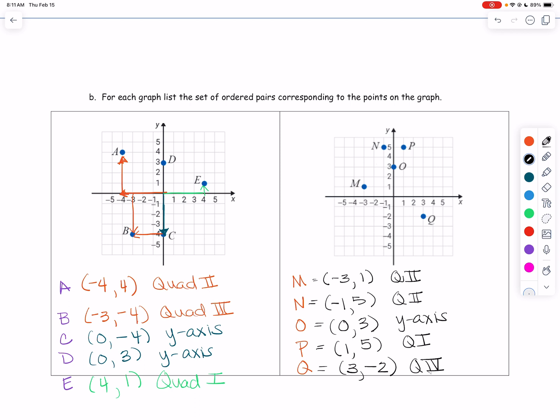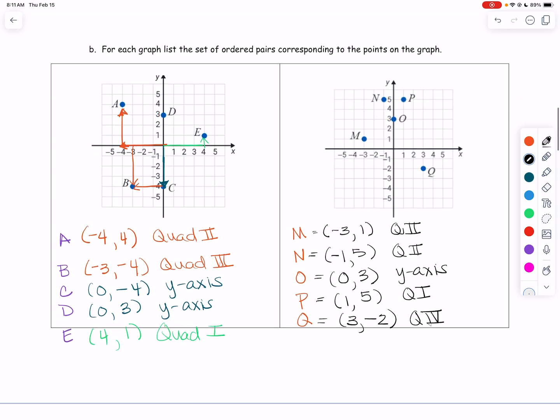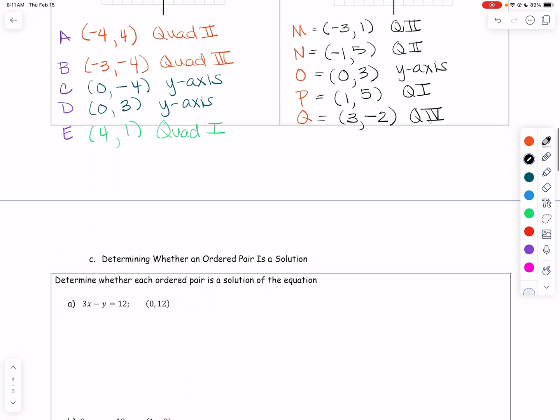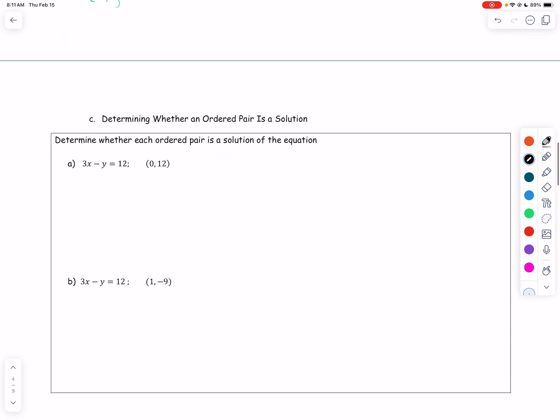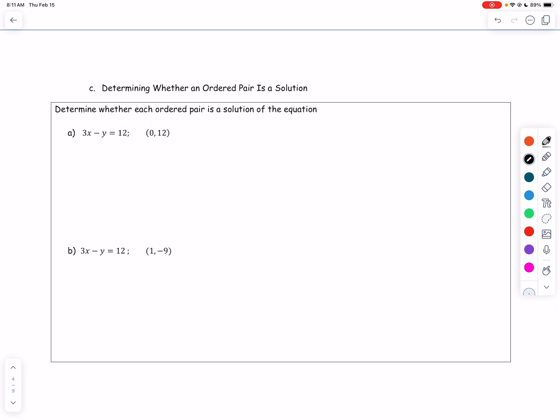Okay, so we have to be able to plot points before we can graph a line. So knowing how to find locations and also plot locations is going to be the first part of this chapter. Now, to determine whether an ordered pair is a solution, you basically are substituting in your x value and your y value into this equation, and then seeing if it equals what it says it equals, okay?